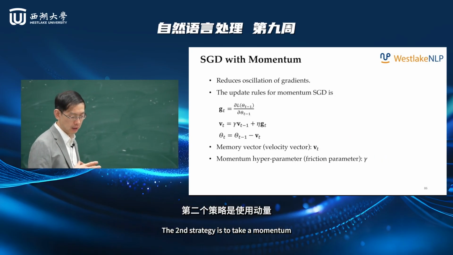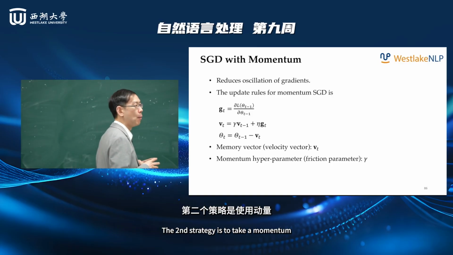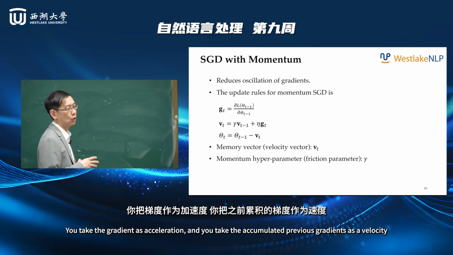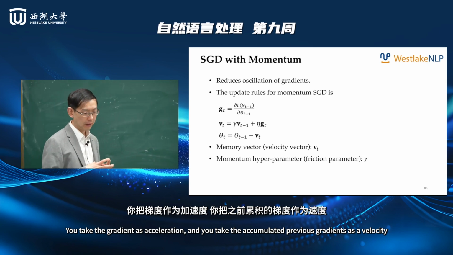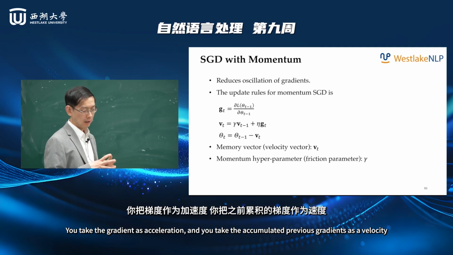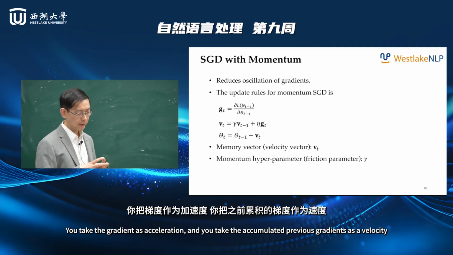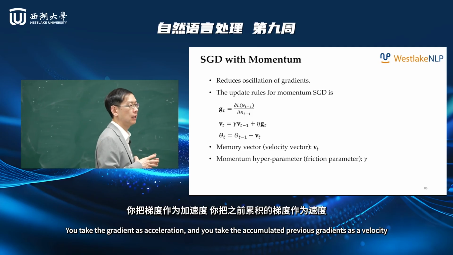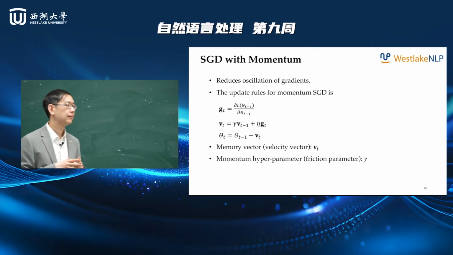So a second strategy is to take momentum. You take the gradient as acceleration, and you take the accumulated previous gradients as a velocity.